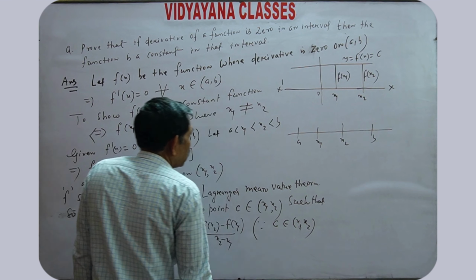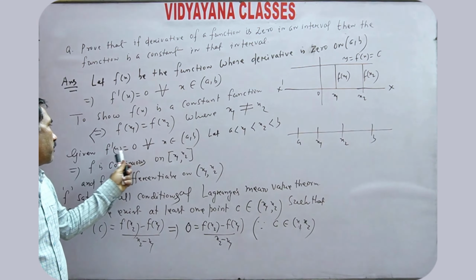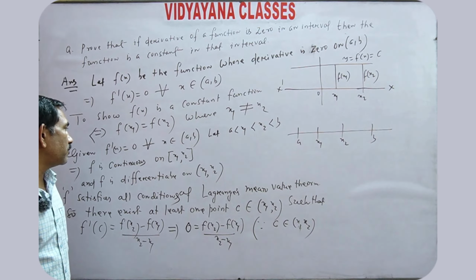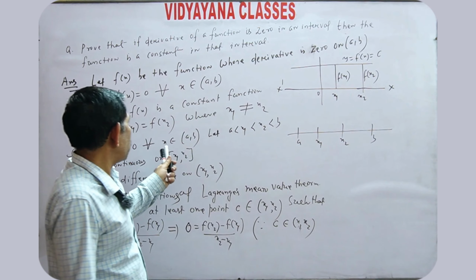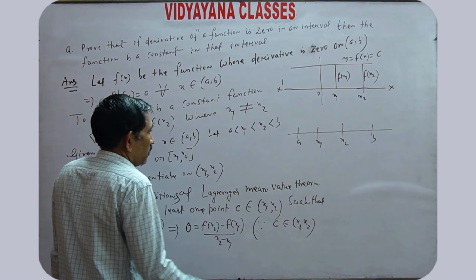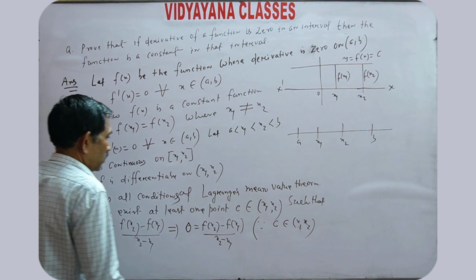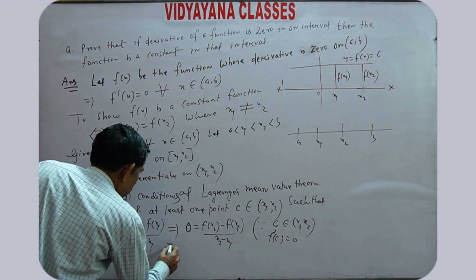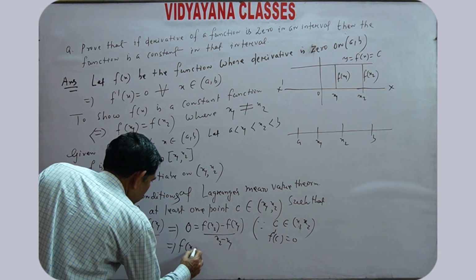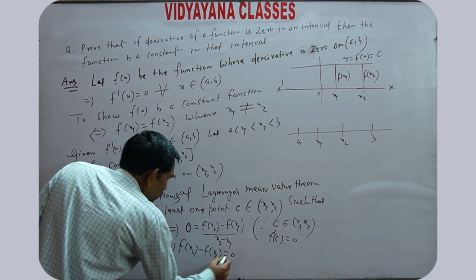For all x belongs to (a, b), f'(x) equal to 0. That means for all x belongs to (x1, x2), f'(c) is equal to 0, which implies f(x2) minus f(x1) is equal to 0.